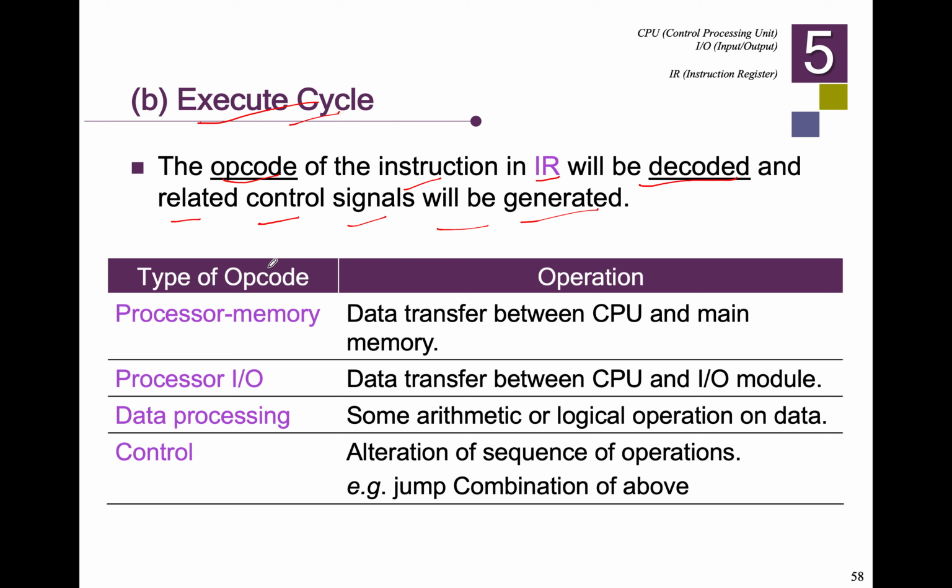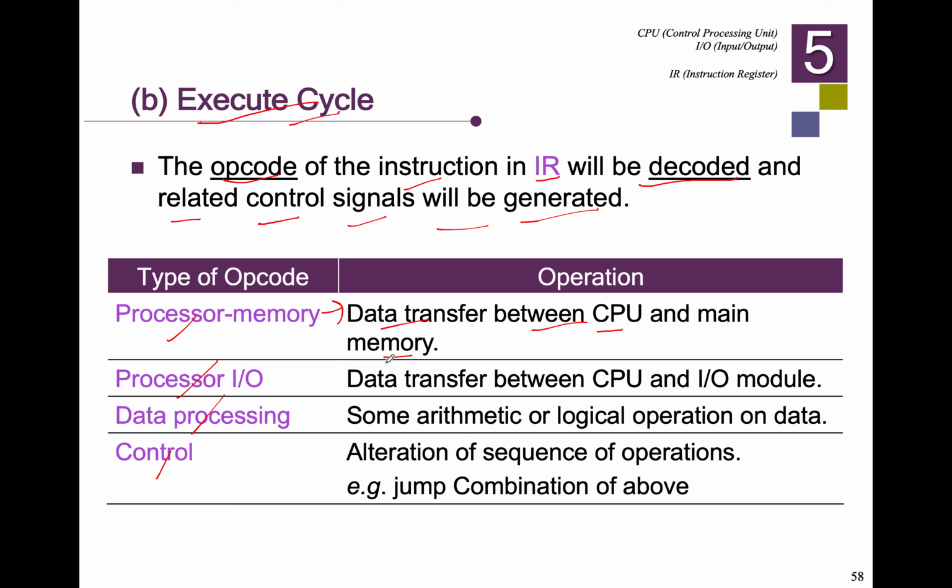There are several types of opcode. This one we also already learned: processor memory, processor input output, data processing, and then control. The definition for processor memory is data transfer between CPU and main memory.